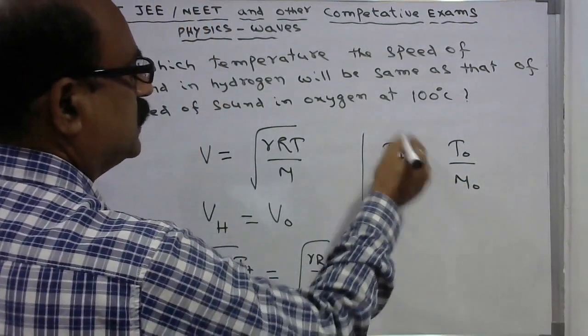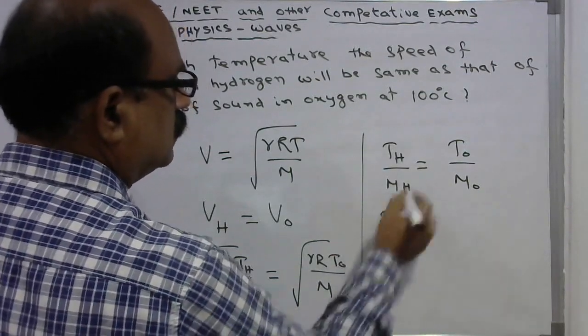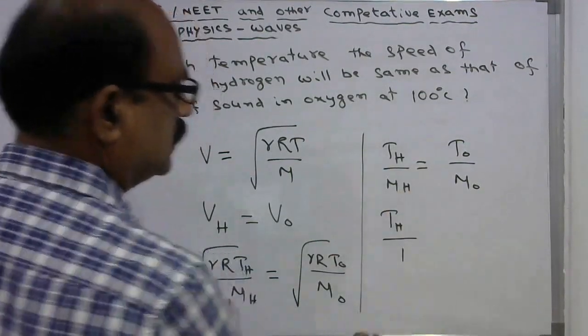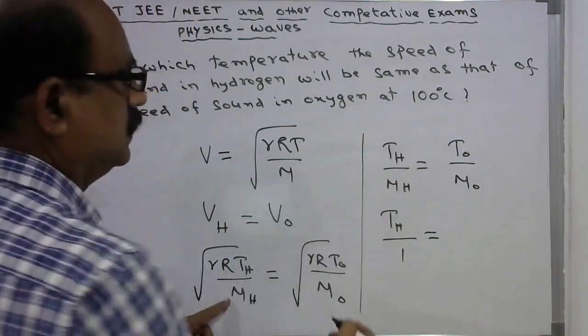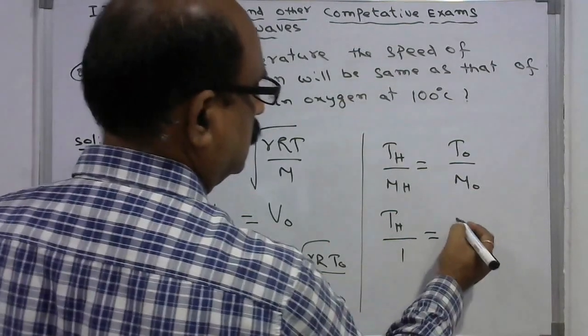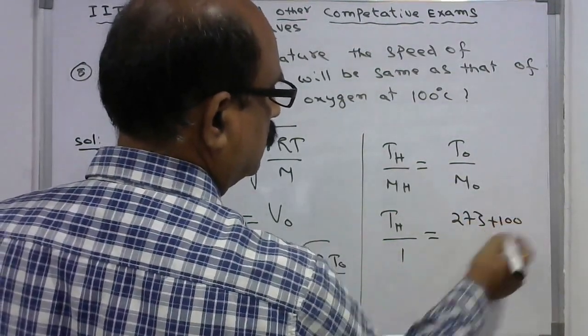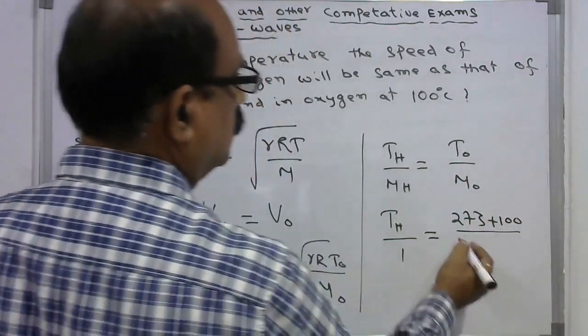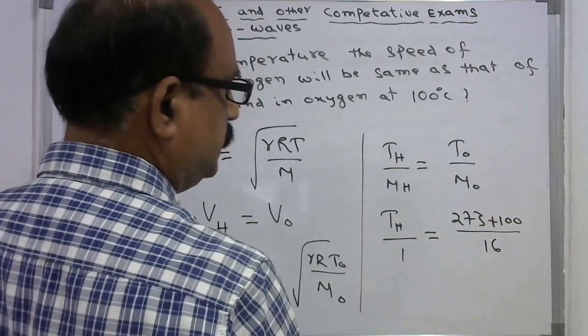So temperature of hydrogen we have to find, but molecular mass of hydrogen is given as 1, is equal to temperature of oxygen, given as 273 plus 100, by molecular mass of oxygen, which is 16.